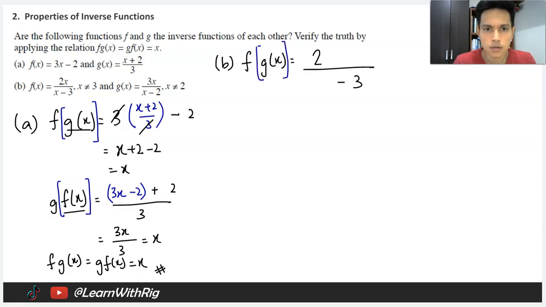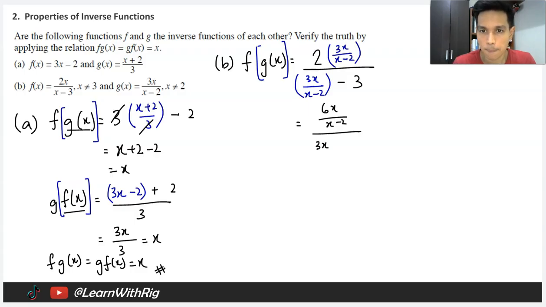So you get 3x over x minus 2 in the numerator, and here also 3x over x minus 2. Now this is much more complex, but it's okay. So you get 6x over x minus 2, and then here you get 3x minus 3(x minus 2) over x minus 2.